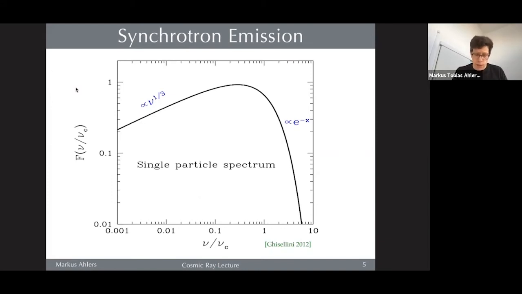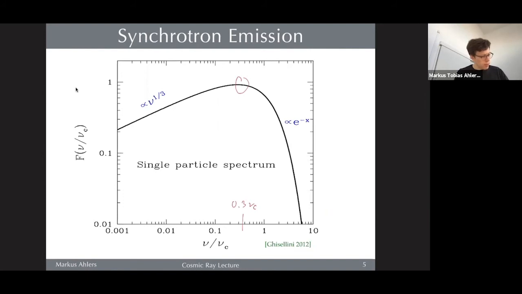You see the energy spectrum of photons radiated away by single electrons with a given energy is going to be peaked at a frequency. The peak here in the frequency is at about 0.3 of a critical frequency. And frequency here is, of course, equivalent to energy.